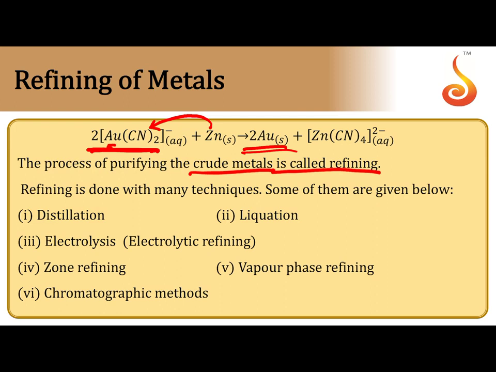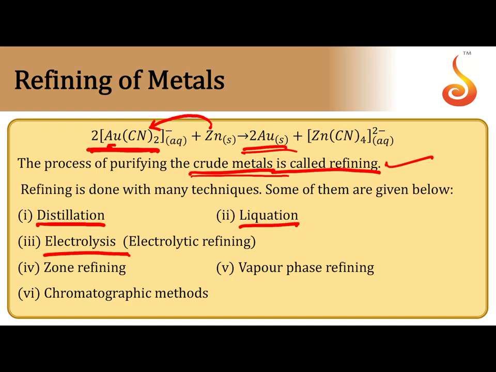The process of purifying the crude metal to get the purest form of metal is called metal refining. Metal refining is done with many techniques. Distillation is used for metals like zinc and mercury to get pure form.